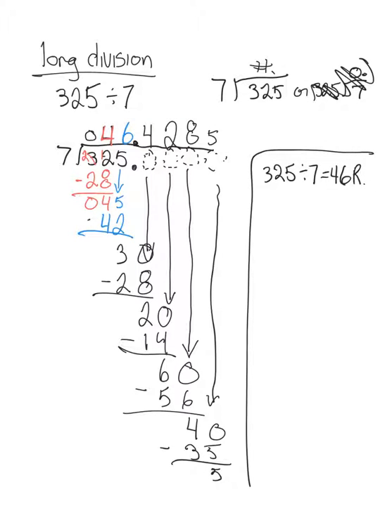And let's round it to 2 decimal places actually. So that's 0.43. So now let's write that with the remainder in fraction form, which is 46 and 43 hundredths. And can you reduce 43? The answer is no. So then that would be our final answer.